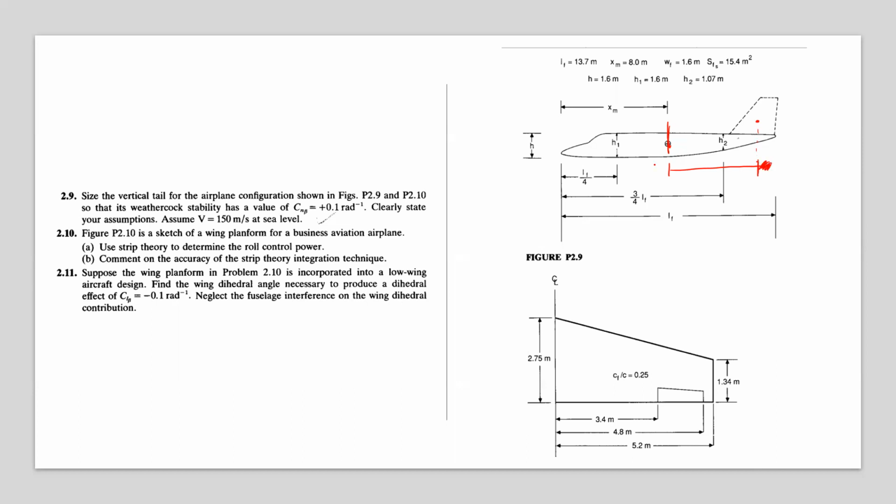It's not part of it, only this distance. So this distance is LV. And what is SV? SV is this area, the surface area of the vertical tail. Yeah, this is the SV. LV, SV. And what is S? S is this entire area of the wing. This is only one wing, so the total area will be double of this wing area.